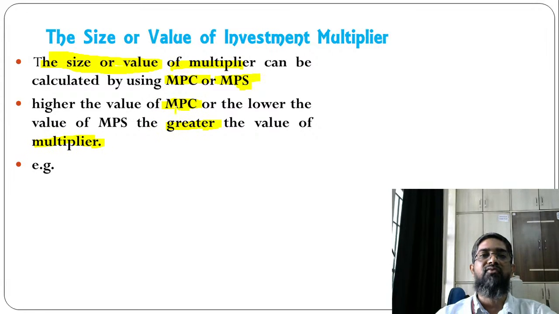Lower the value of MPC, lower will be the multiplier. Higher the value of MPS, lower will be the value of the multiplier; lower the value of MPS, higher will be the value of the multiplier. I am repeating, keep in mind.